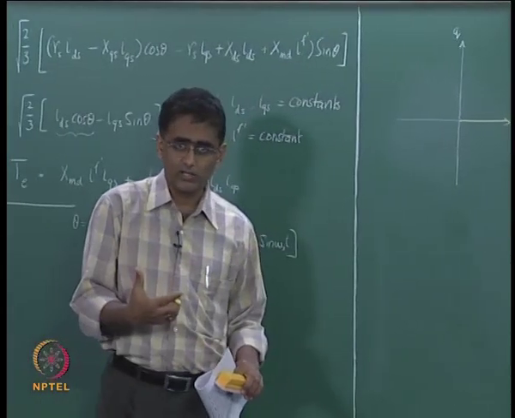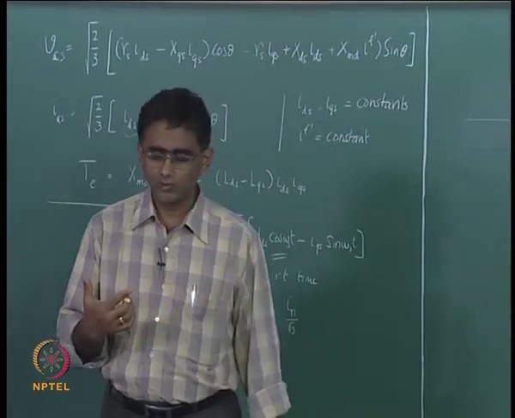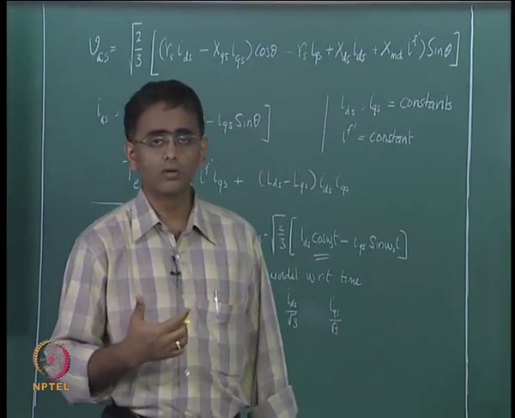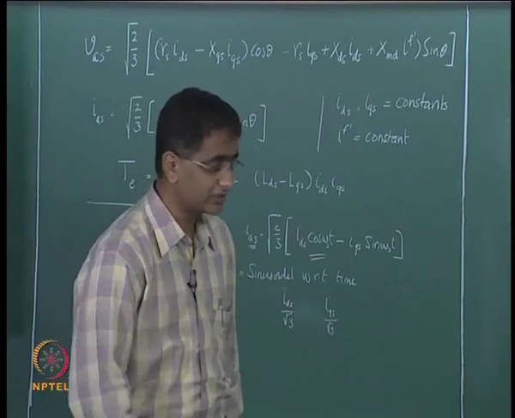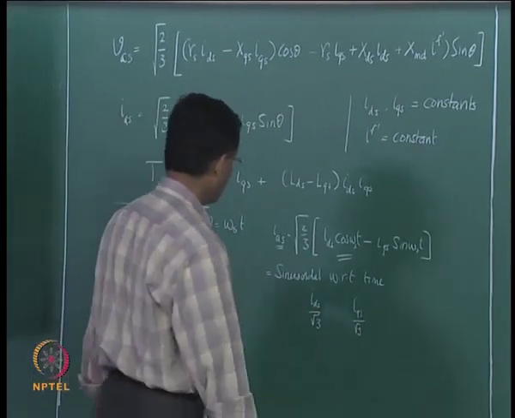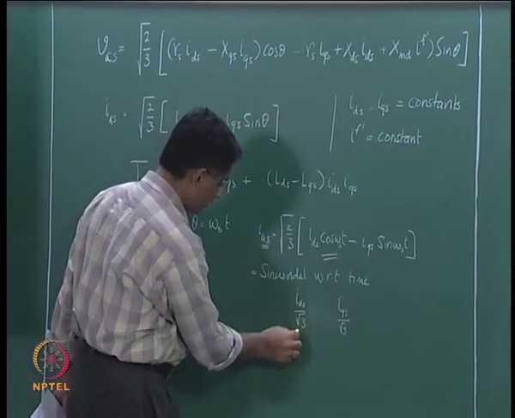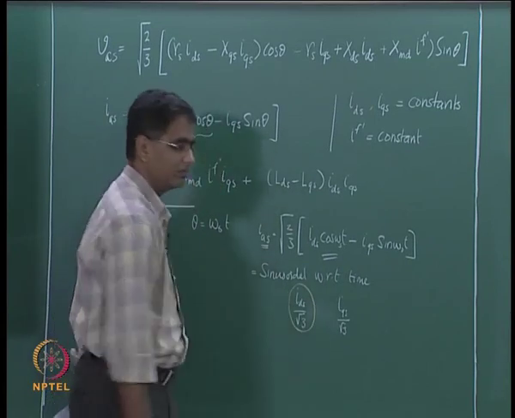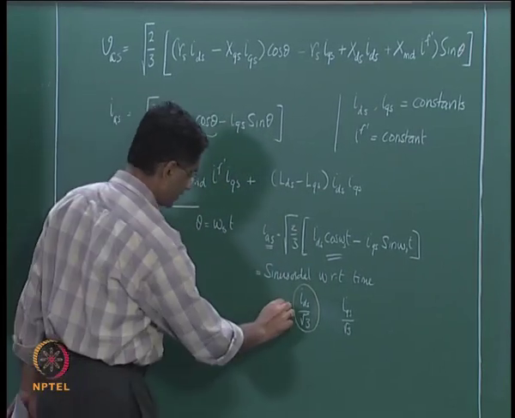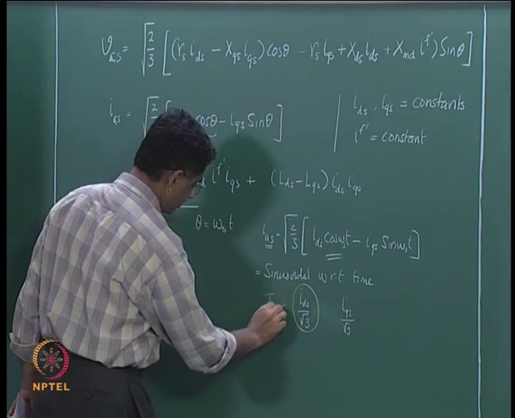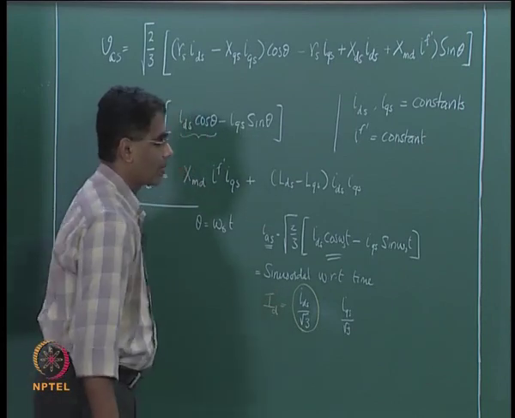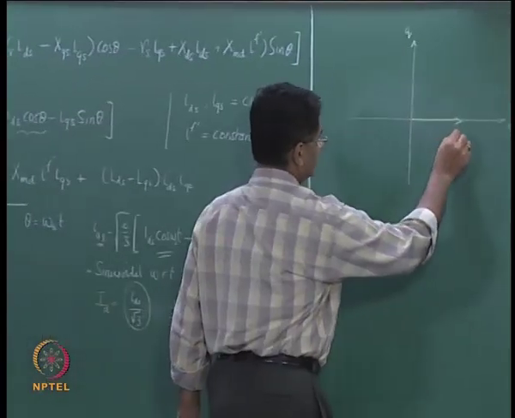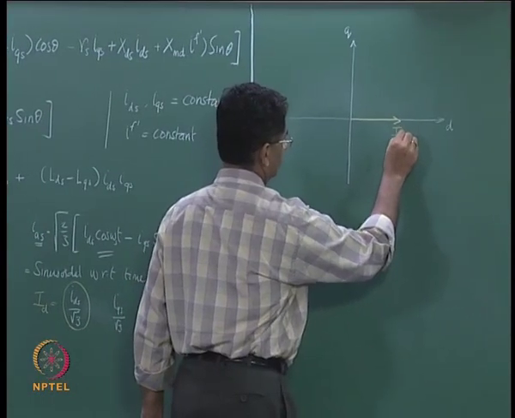The length of the arrow equals the RMS value, IDS by root 3. Let us call this capital ID.